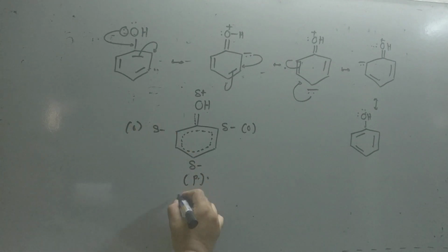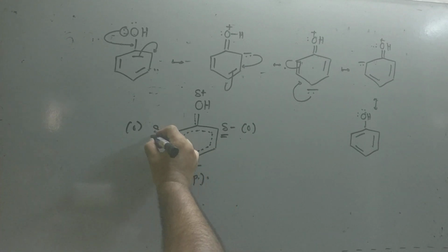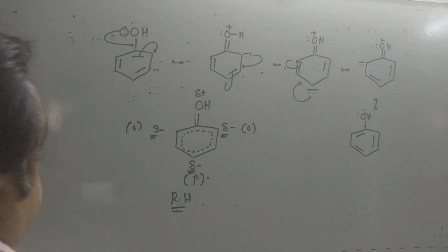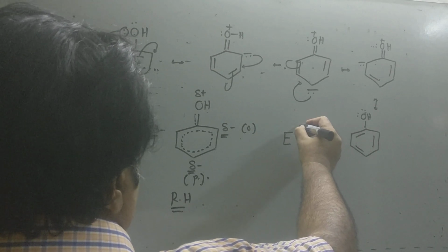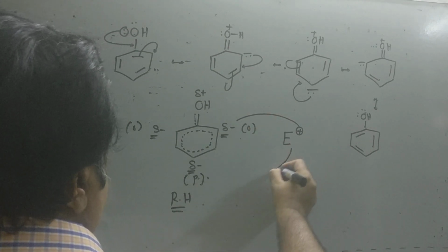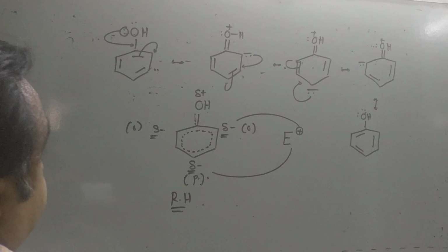So you can see from the resonance hybrid that, due to resonance, the ortho and para positions act as a negative center. Common sense says something positive will attack the ring either at the ortho or the para position. So phenol undergoes electrophilic substitution at the ortho and para positions because, due to resonance, they act as a negative center.